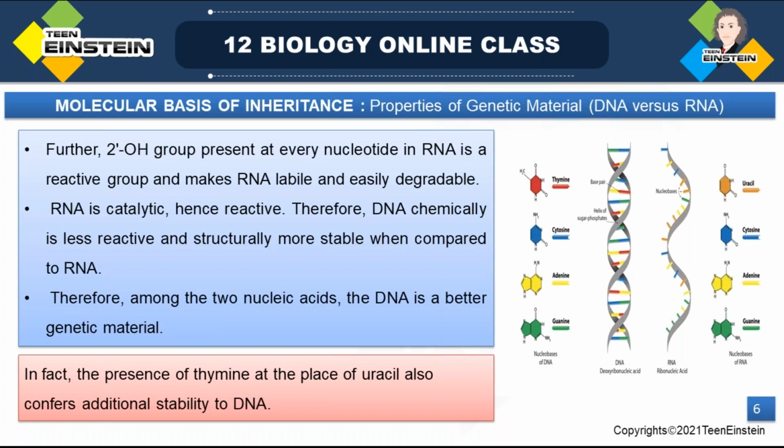Why? DNA has more stability and is less reactive, so changes are very few compared to RNA. So DNA acts as a better genetic material due to its stability and lower reactivity. The presence of the OH group at every nucleotide in RNA is the reactive group, and makes RNA liable and easily degradable.